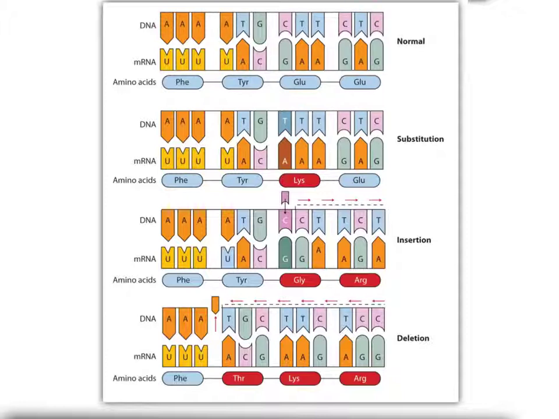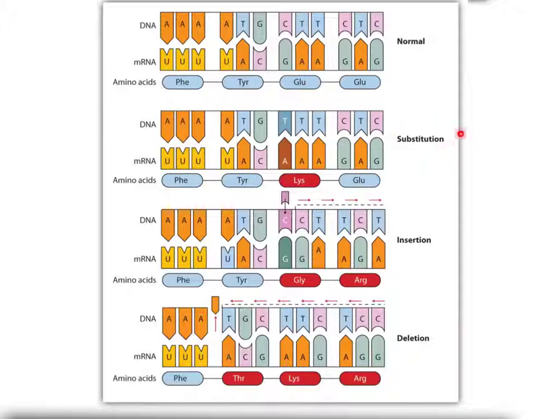Here I've got an example of a substitution, so if we look along here we can see that the C here has been changed to a T here, which creates that triplet code TTT instead of CTT. That transcribes to AAA rather than GAA. And that is the triplet code, or the codon, which translates to the amino acid lysine rather than this amino acid here.